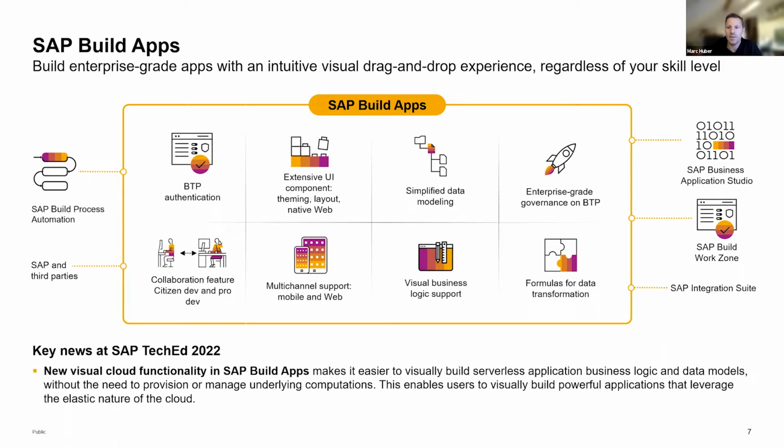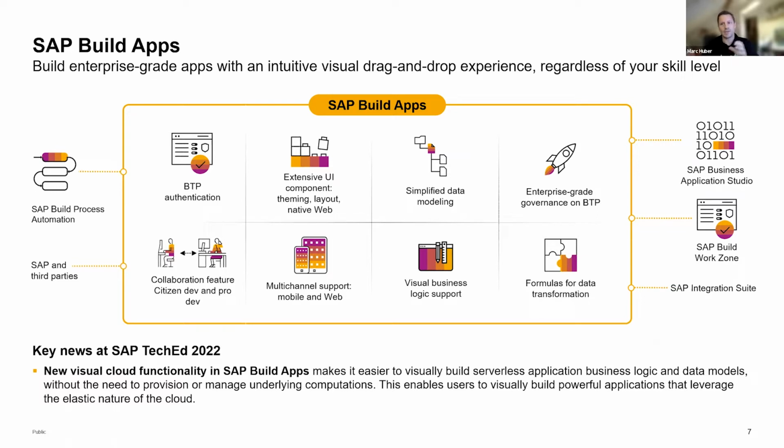And also, we have the possibility to create multi-channel applications. So you start creating one application, and in the end, you decide, do you want to have a mobile app, a real native iOS or Android app, or do you want to provide your application as web app on BTP? So this is all possible with SAP Build Apps.